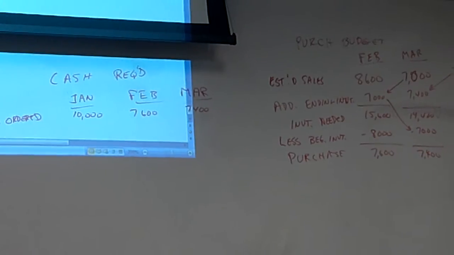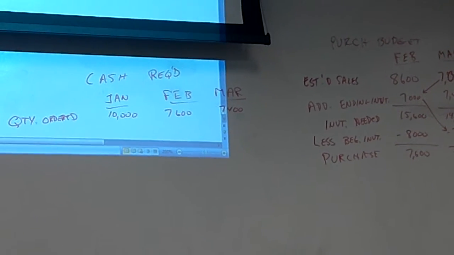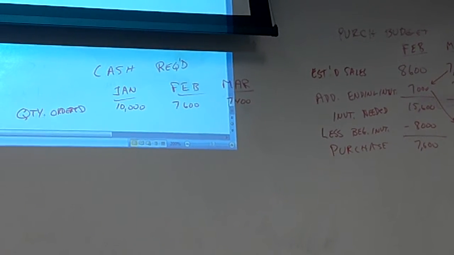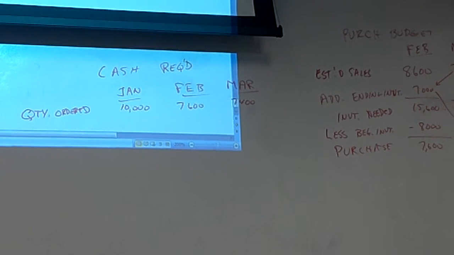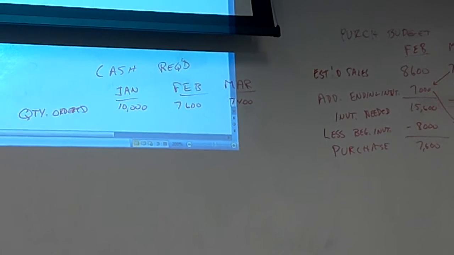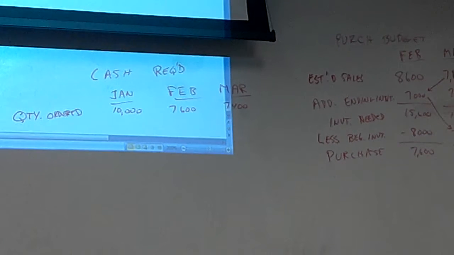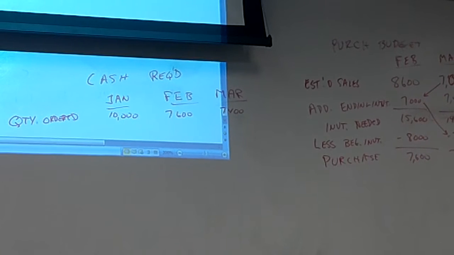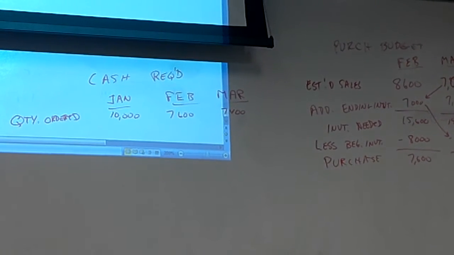Even though they're tape players and digital music, I think they're all just players. Digital and tape. Yeah, it's all the same product. Okay. Tape players purchased $290. We're going to pay 60% in the month they're purchased and 40% the following month.